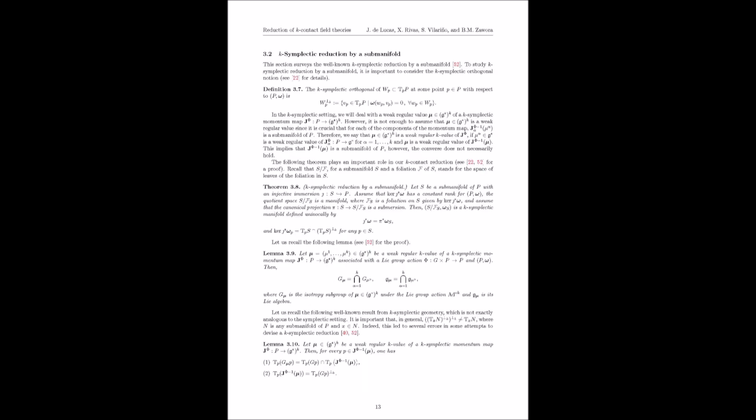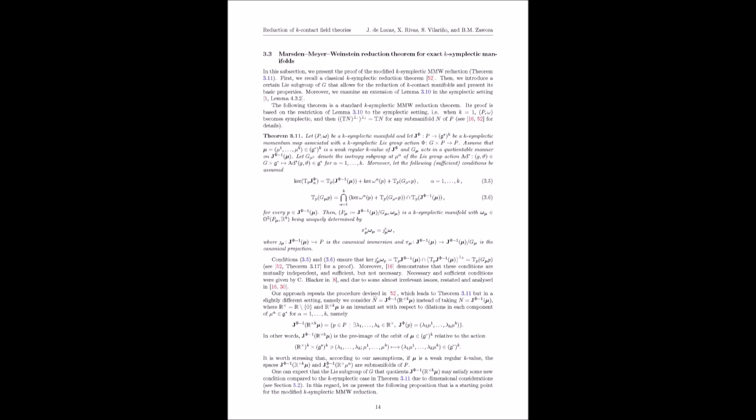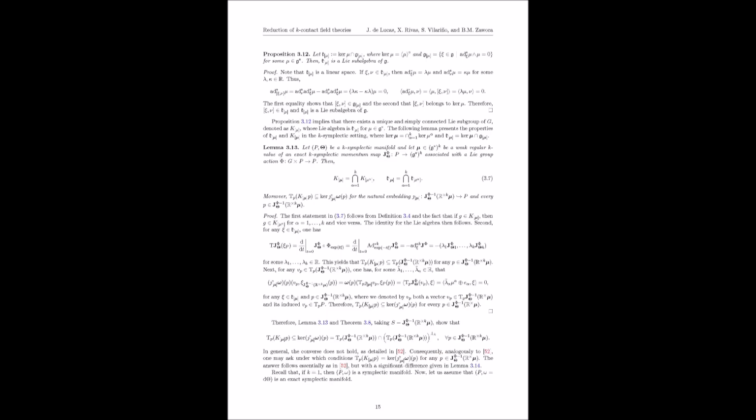It relates the k-contact setup on M, the action and momentum map J, to a corresponding setup on the lifted space R×M, an extended action and an extended exact momentum map. What does it relate specifically? It shows that being a weak regular k-value for J on M is related to a similar condition for the extended map on R×M.